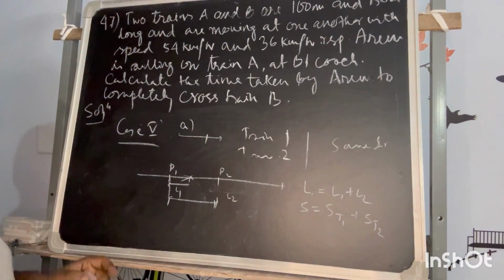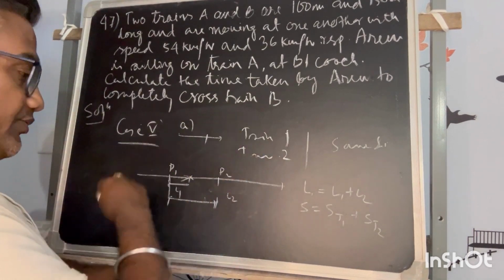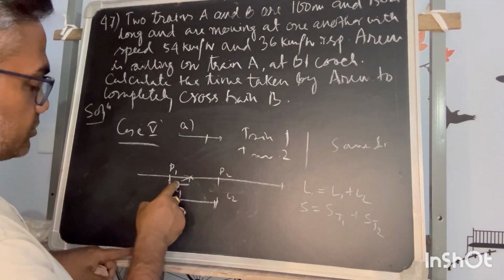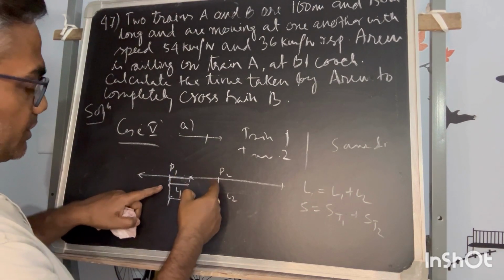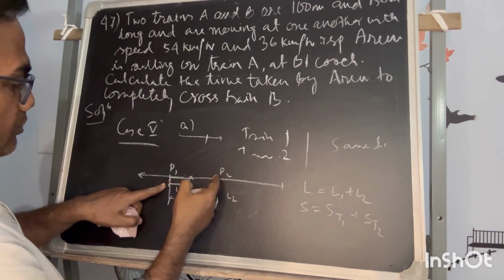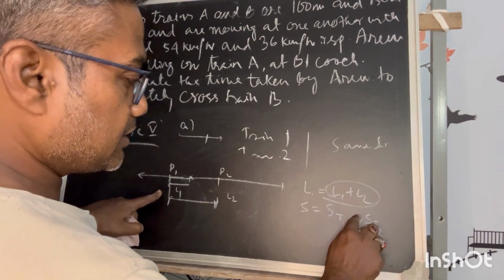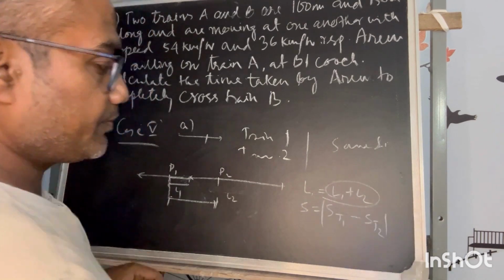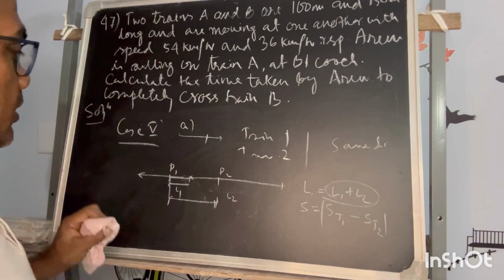This could be another case, or else if they move in the reverse direction, the person changes position from P2 to P1, and crosses the same length, but in this case this will be the speed. Understood? These are all the possibilities that could come.